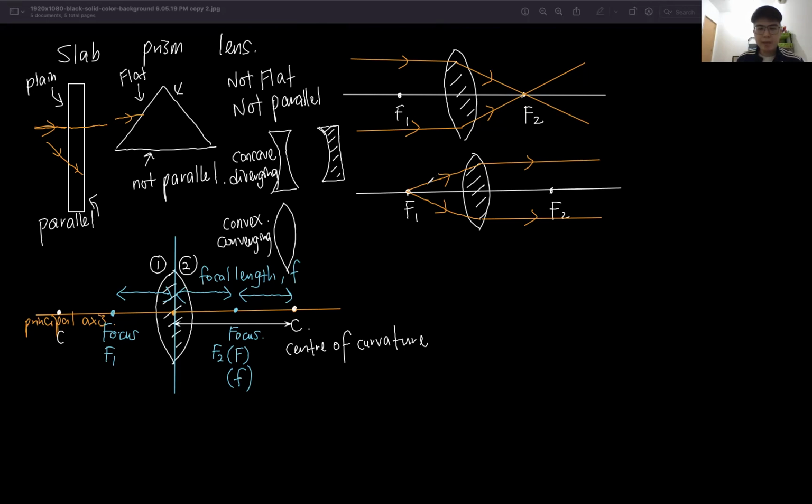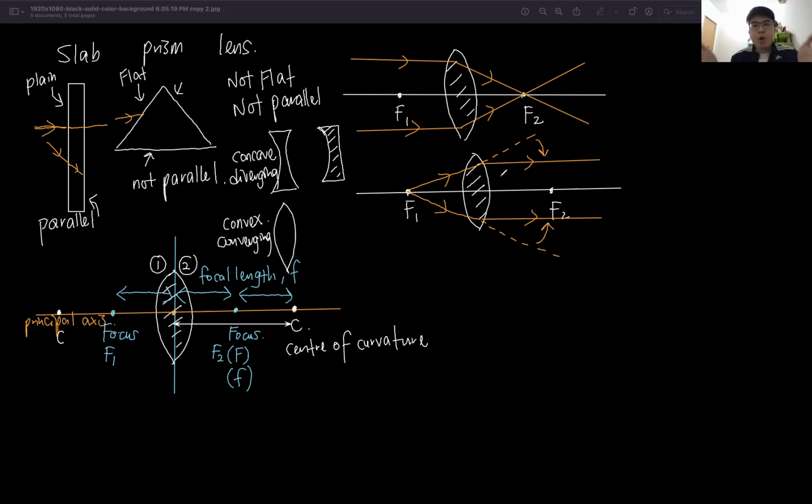Actually, this one you can think of it like, without the lens, where will the light go? Without the lens, the light will go here, correct? But with the lens, it deflected inward. Same here. Without the lens, the light would go like this. With the lens, the light is deflected inward.